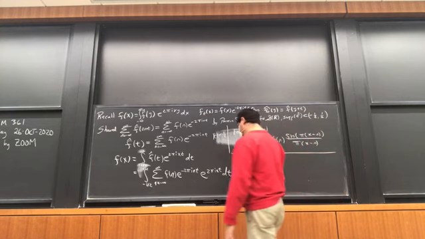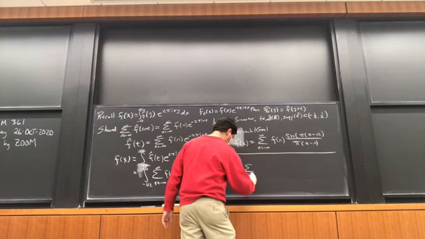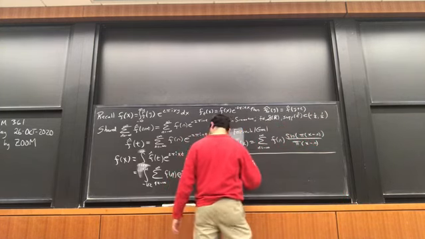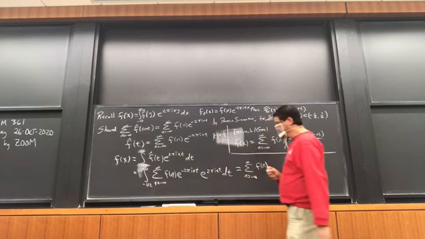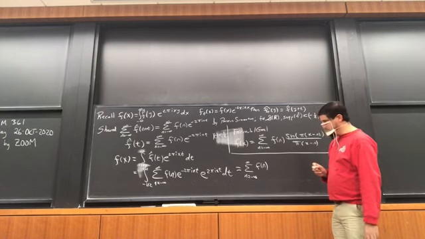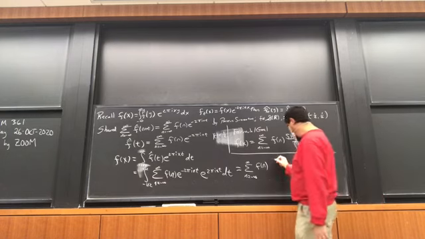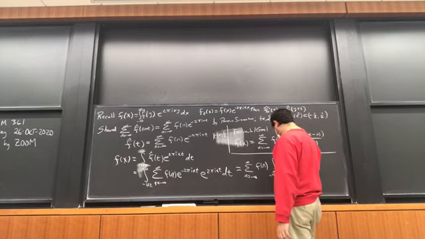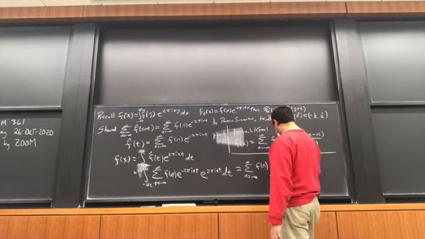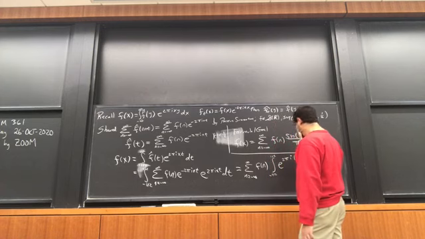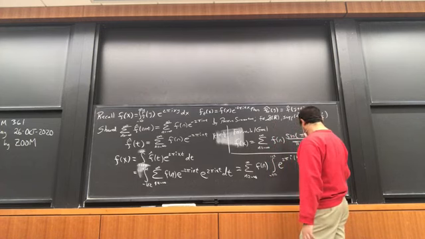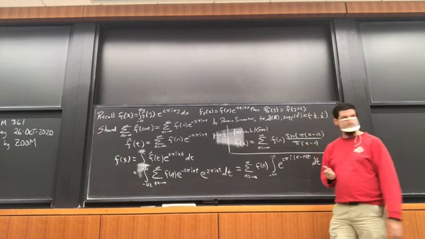So if we switch, we would get a sum, n goes from minus infinity to infinity, f of n, and now we're doing an integration with respect to t, so we would have an integral from minus a half to a half of e to the 2 pi i (x minus n) t dt.